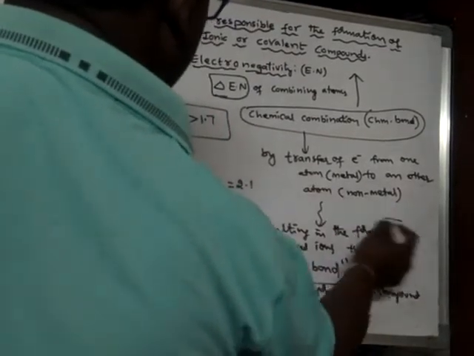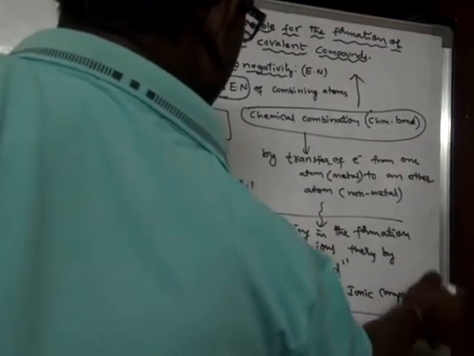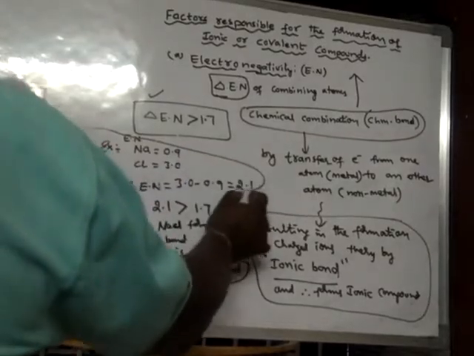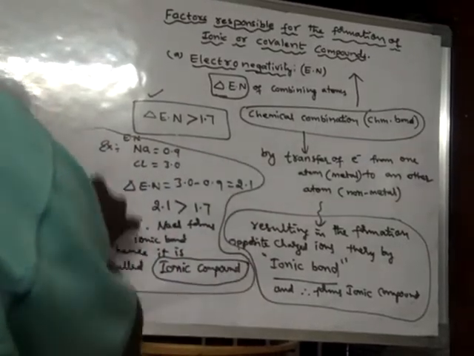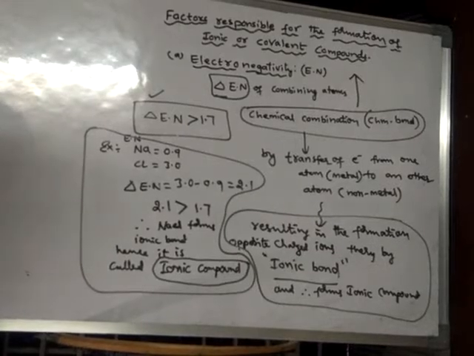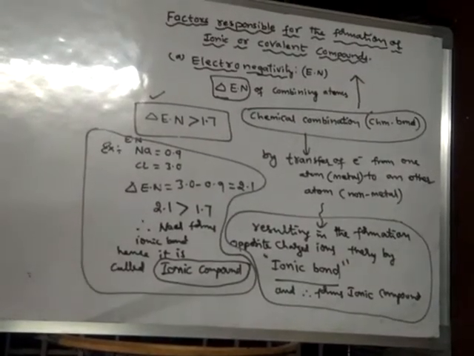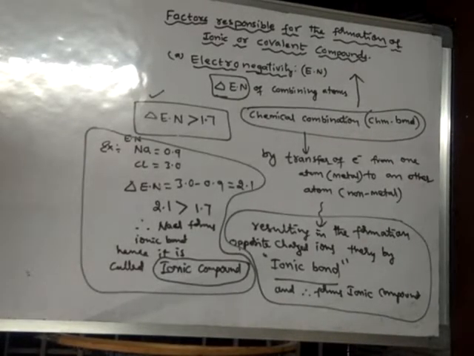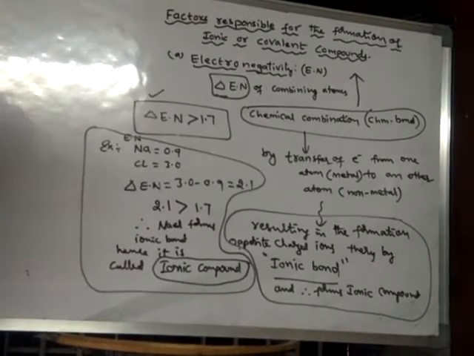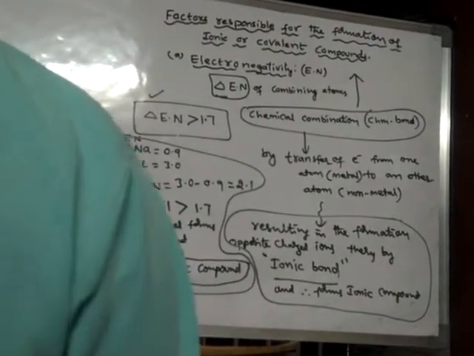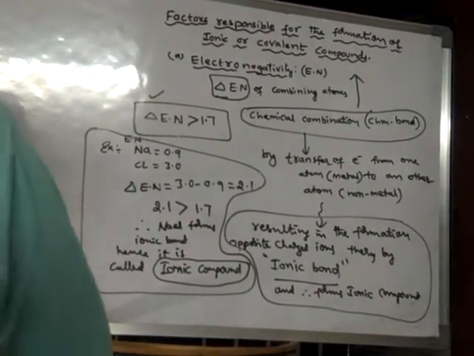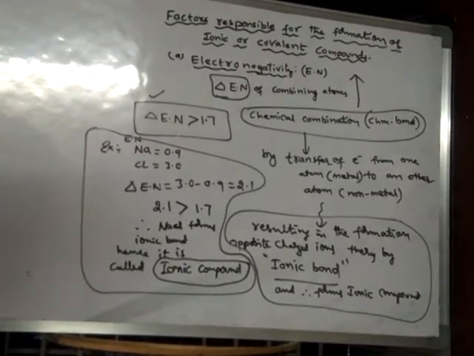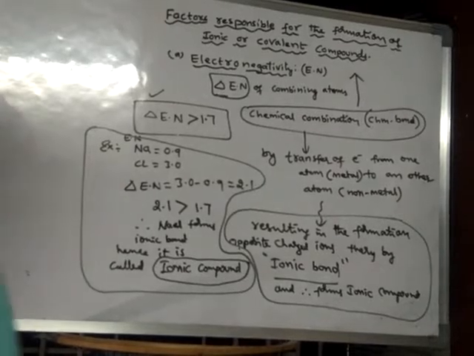So this is an example where, if the electronegativity difference is greater than 1.7, it forms an ionic bond. So electronegativity difference is the factor for the formation of an ionic compound. The compound which contains ionic bonds between the atoms is said to be an ionic compound.